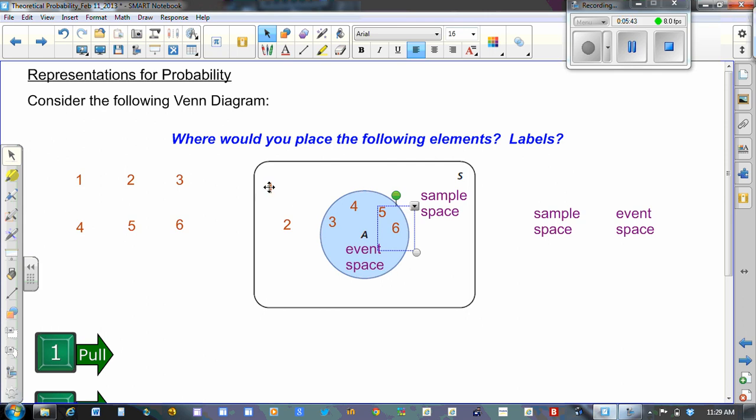The 1 and the 2 lie to the space outside of the event space because those are not what we're looking for. They are not desired outcomes. Okay, notice that the S is the sample space. The sample space is made up of all possible outcomes.